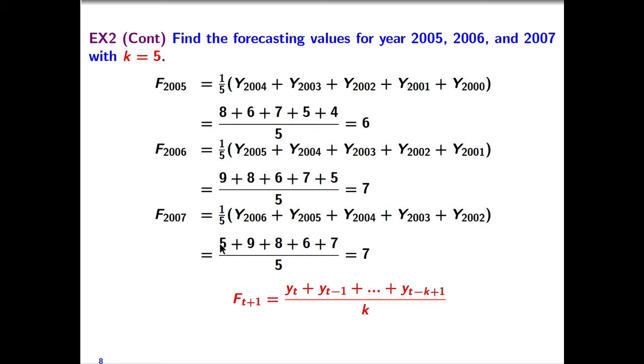And that ended up being 5 plus 9 plus 8 plus 6 plus 7 over 5, which equals 7. Now, if I ask you the same question with k equals 3, then you're going to only use 3 data points to do the calculation. And again, you use this formula and you will be able to solve the problem.